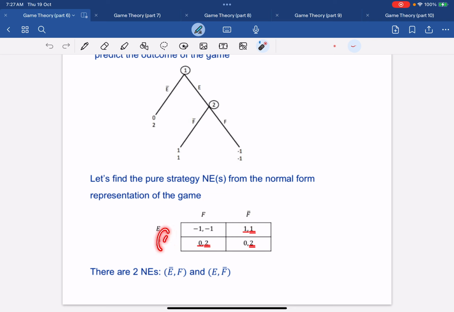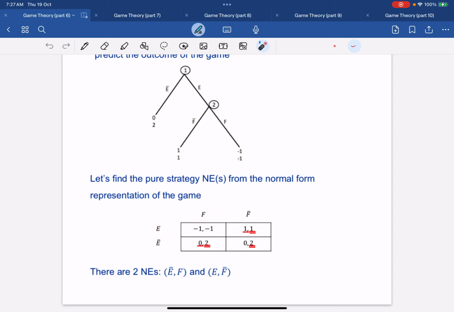And in don't enter already, the payoff is the same. It will be 0, 2, 0, 2. And we can say that there will be two Nash equilibria at this point, which are don't enter, fight, and enter, don't fight.